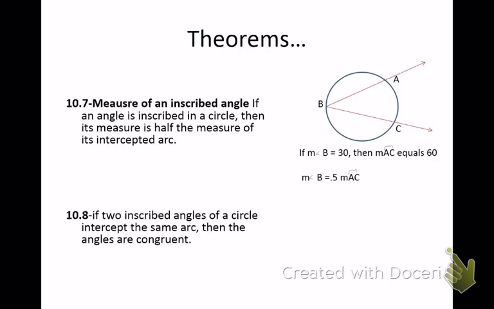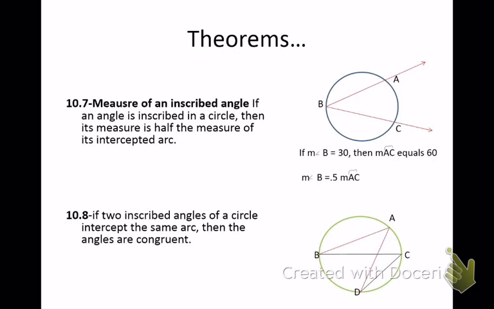All right. Then we can talk about if we have multiple inscribed angles that intercept the same arc. We can't talk about that with central angles up here, because there's only one central angle that's going to intercept that arc AC. Inscribed angles, there can be a bunch.